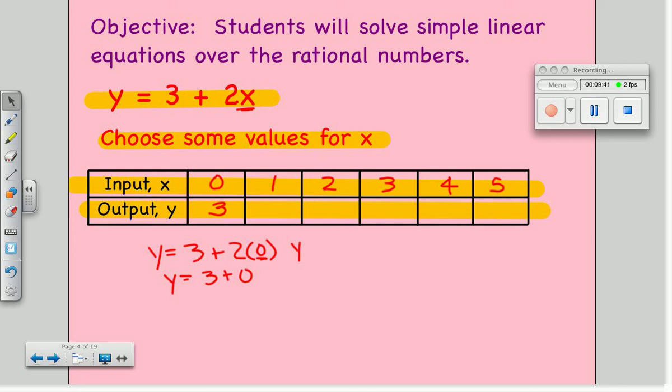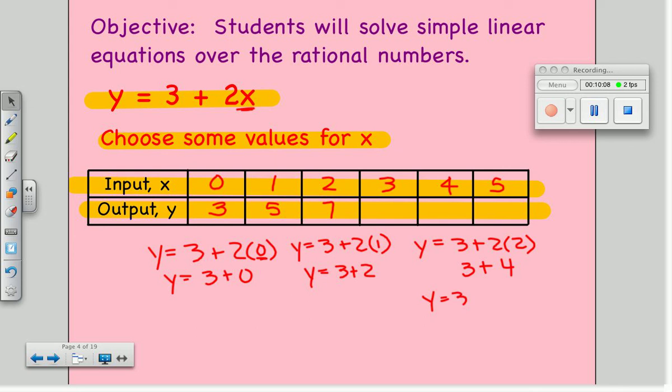On the next one, we have 1. So y equals 3 plus 2 times 1, that means y equals 3 plus 2. What's 3 plus 2? 5. Can you see a pattern already? Maybe you know what the next number is going to be. y equals 3 plus 2 times 2, so y equals 3 plus 4, which is 7. y equals 3 plus 2 times 3. 2 times 3 is 6, and 6 plus 3 is 9.